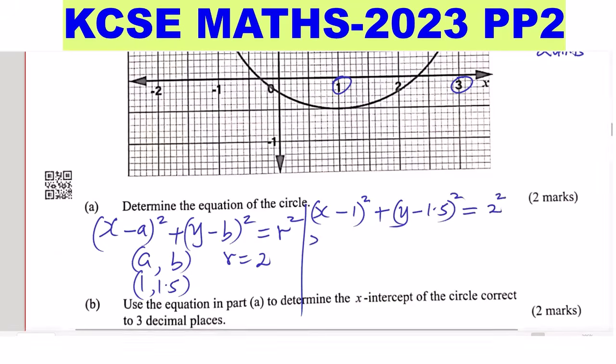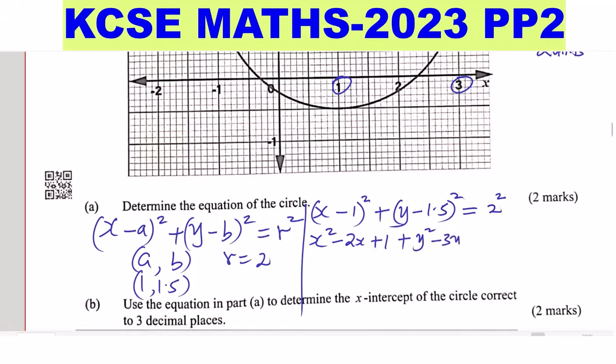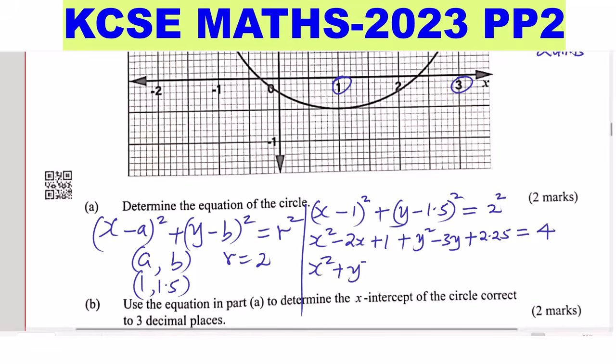Open this bracket, you get x squared minus 2x plus 1, then expand y minus 1.5 squared, you get y squared minus 3y plus 2.25 is equal to 2 squared, which is 4. So x squared plus y squared, then minus 2x minus 3y.